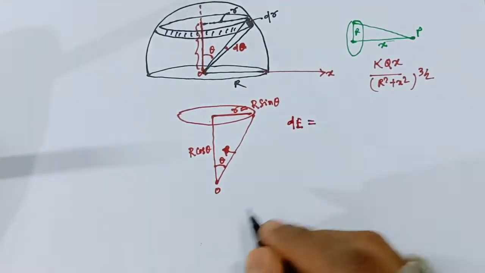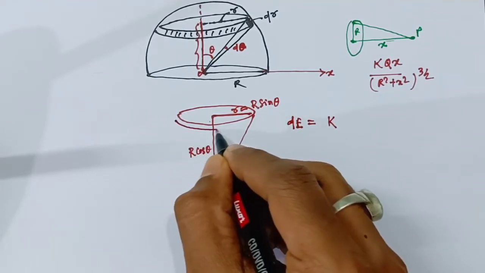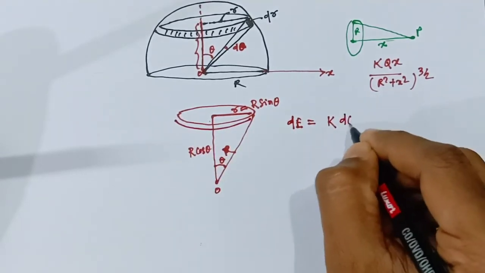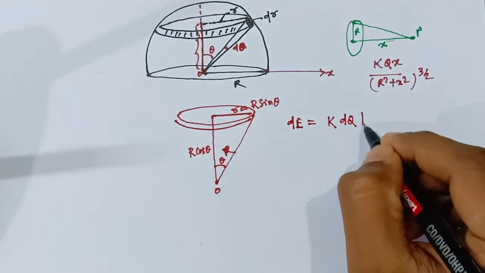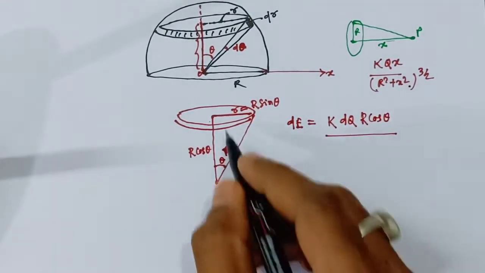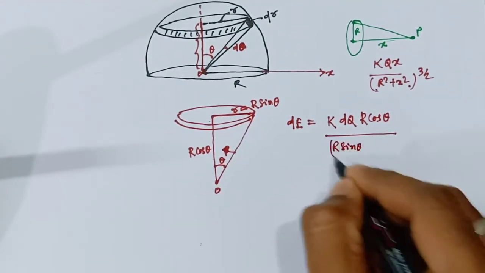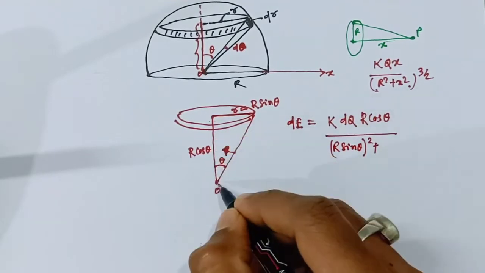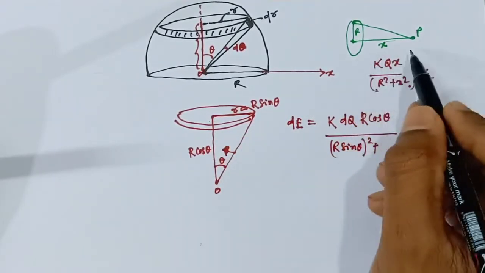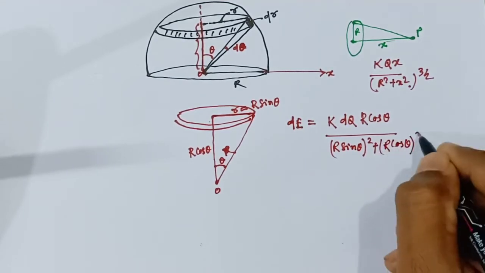dE can be written as k, due to this elementary charged ring the charge is dq, and x is R cos theta, upon r square plus x square. This is my r, this is R sin theta whole square, plus this is x, this is R cos theta whole square.